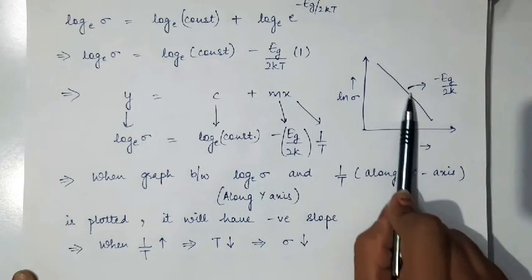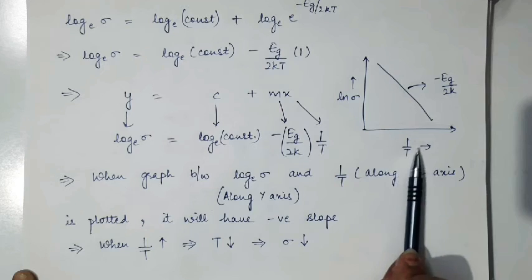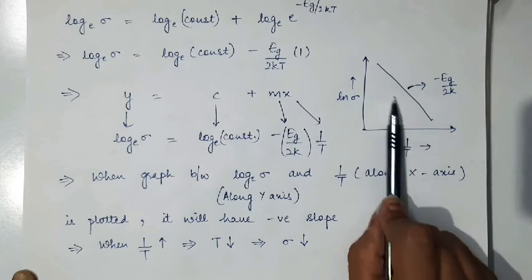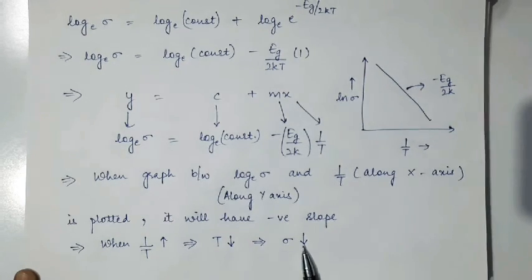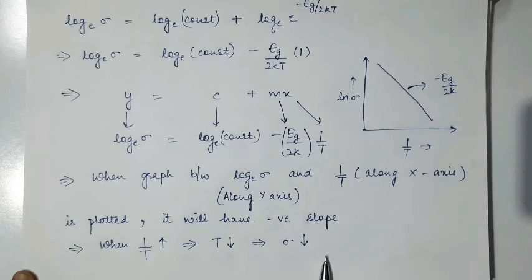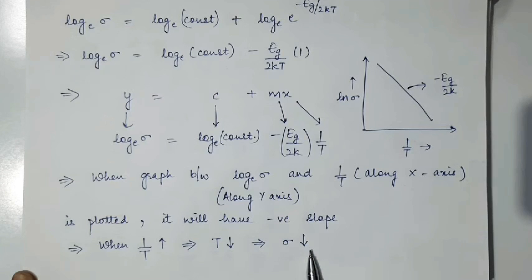And from this slope, it is clear that as 1/T increases, natural log sigma decreases. It means sigma will decrease. So when temperature decreases, sigma decreases, and when temperature increases, sigma increases. So electrical conductivity of the semiconductor increases with the temperature.